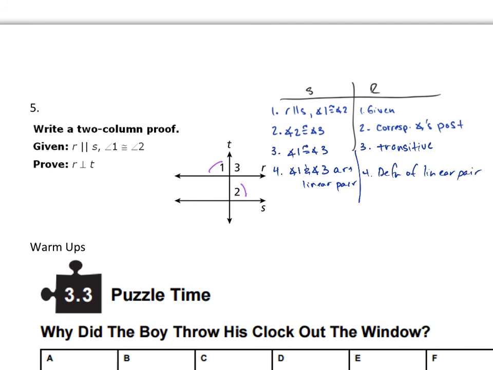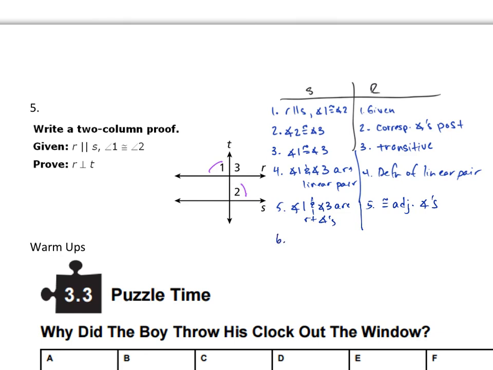Well, that means that angle 1 and angle 3 are right angles because they are congruent adjacent angles, right?